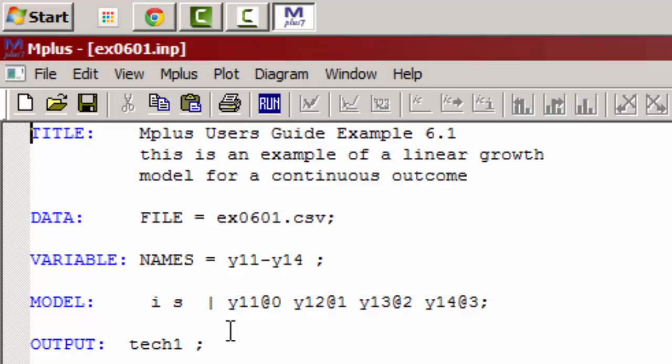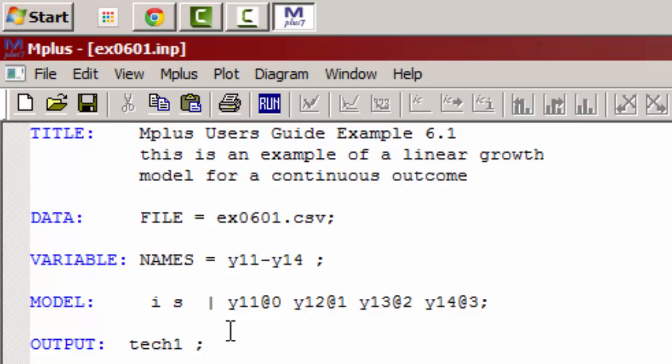The title block can be as long as you would like. It does not need to be terminated by anything like a semicolon as in other commands. This is a great place to keep track of information about the models you're running, like final model 2 or super final model 2, things like that. Helpful notes to yourself. Here we're just reminding ourselves that this is example 6.1 from the Mplus Users Guide and an example of linear growth.